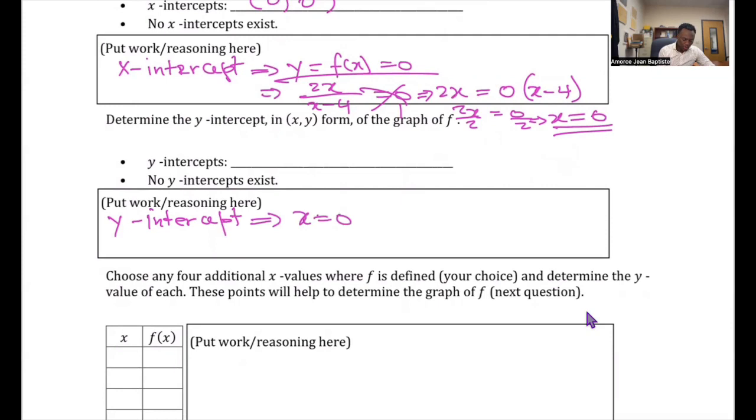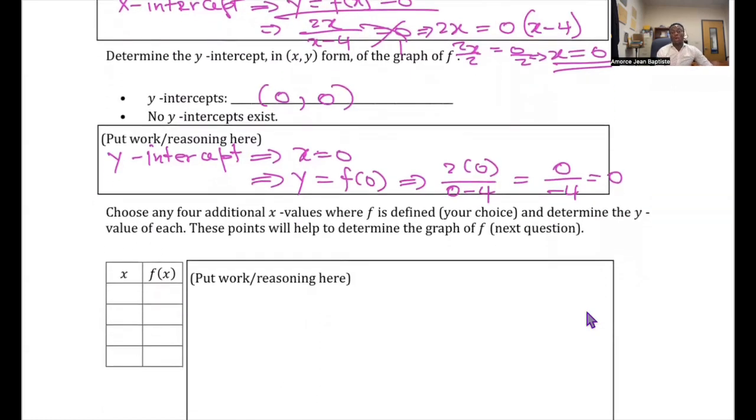Well, x equals 0, that means y will be f of 0. So you replace x by 0: 2 times 0 over 0 minus 4, which is 0 over -4, which is 0. So the y-intercept is also x equals 0 and y equals 0.